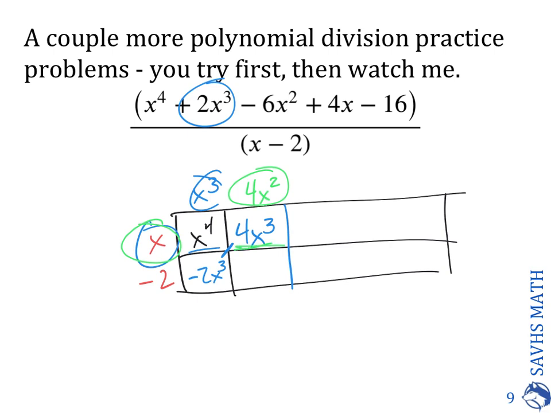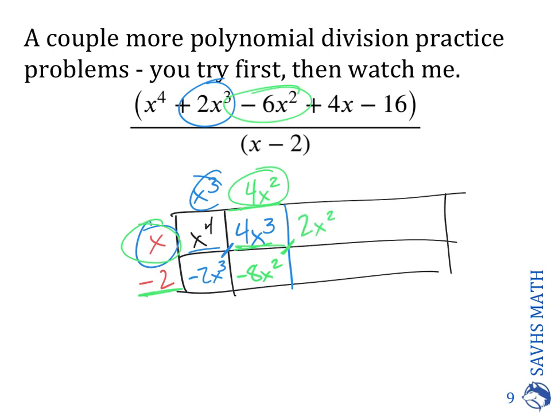That means that I have to put my negative 8x squared here, because that's what this times this is. Then I have to look, well, what do I actually want? I want negative 6x squared, but that's not what I have. So what do I have to add to get there? I have to add 2x squareds.